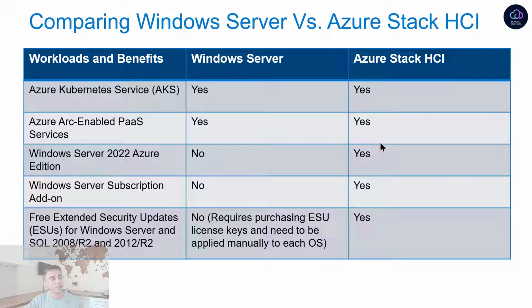Now the Windows Server subscription add-on. Customers always had the ability to bring their own licenses and activate them on Azure Stack HCI. Now they have two options to activate their Windows workloads.